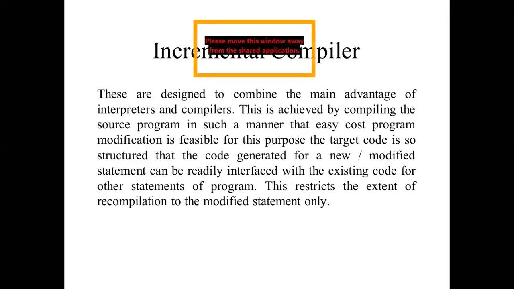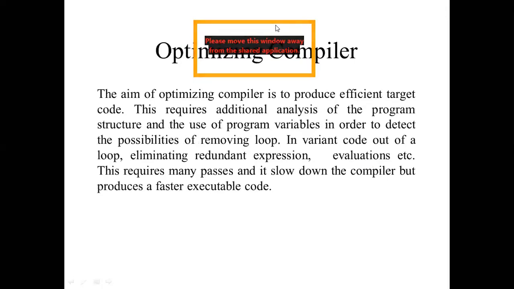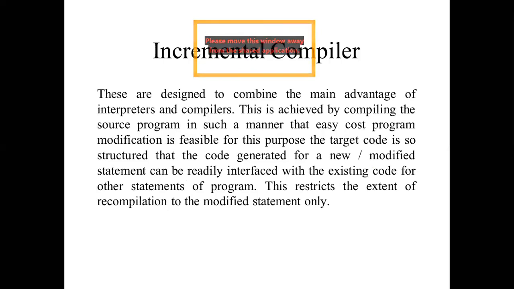What is the incremental compiler? These are designed to combine the main advantages of interpreters and compilers. So in this case, we optimize the system here. We consider the advantages of the interpreter, we consider the advantages of compilers, and then we combine both.